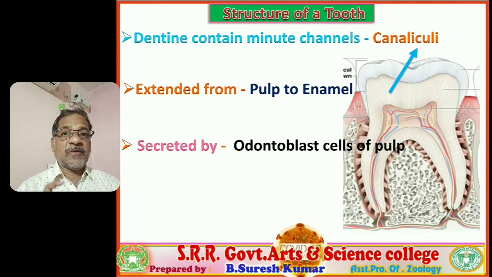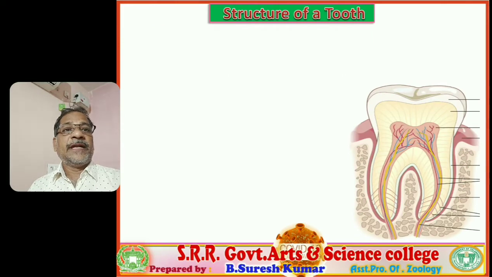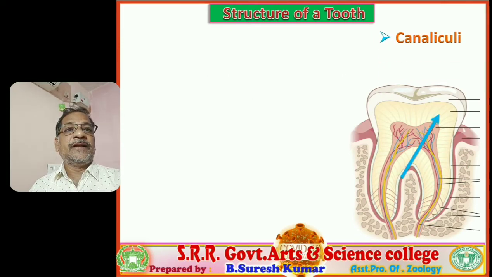They arise from both ectoderm and mesoderm. Here you observe the ameloblasts belong to the ectoderm germinal layer and odontoblasts belong to the mesoderm germinal layer. So the teeth are derived from ecto and mesoderm germinal layers.